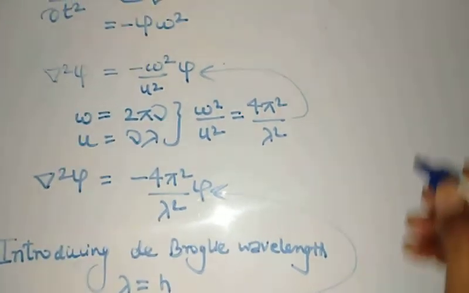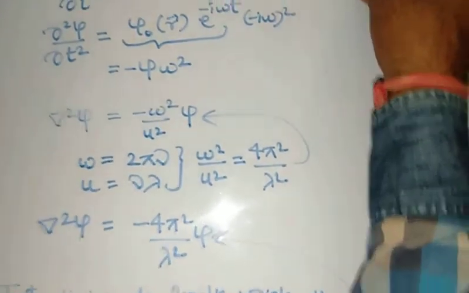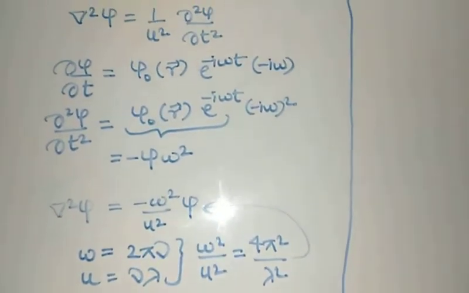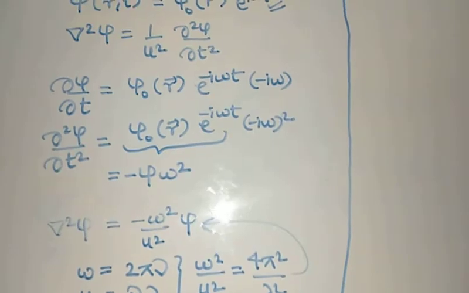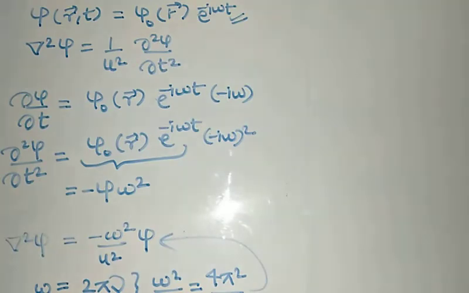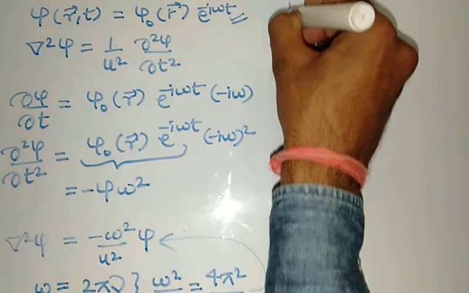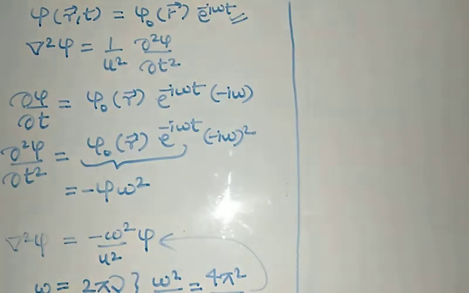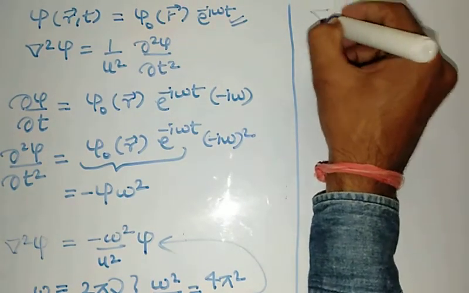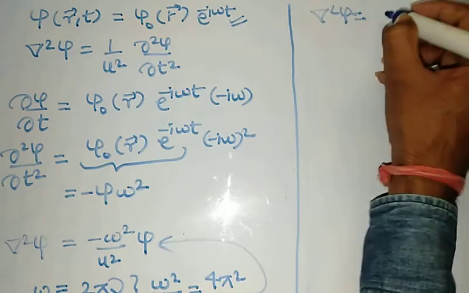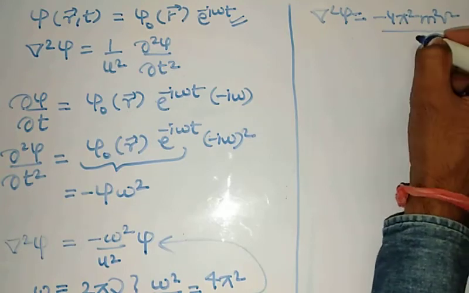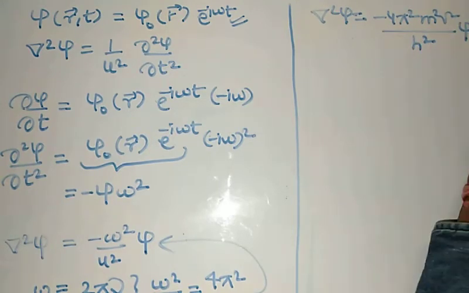Let's look here. What we are using again, del square psi is minus 4 pi square m square v square upon h square psi.